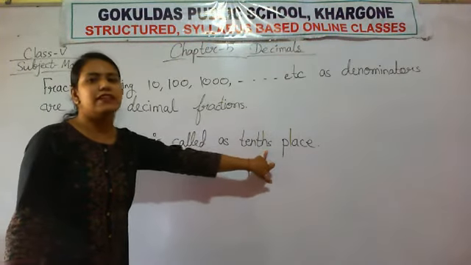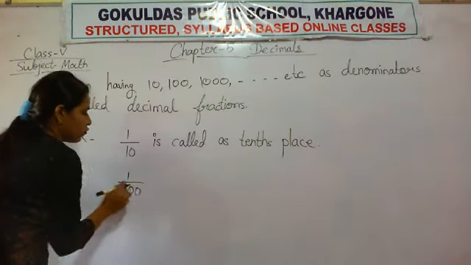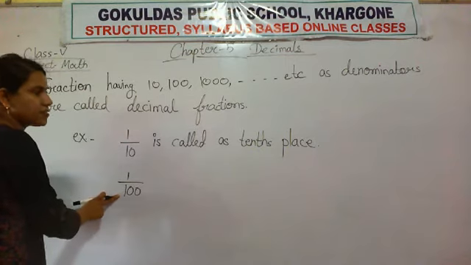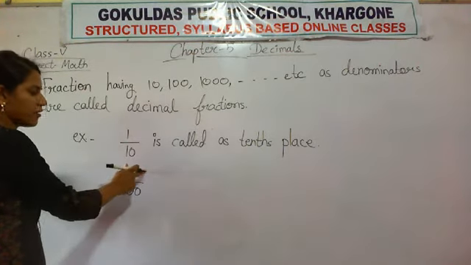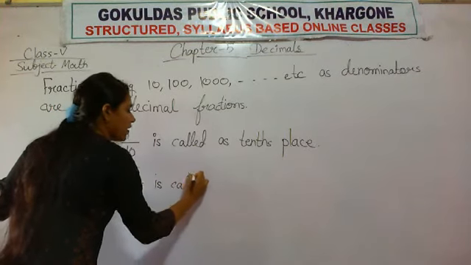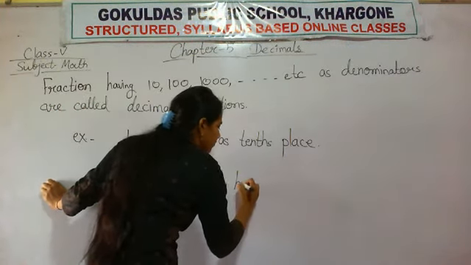Now 1 upon 100. Here 1 is the numerator, 100 is the denominator. 1 upon 100 is a fraction, and it is called hundredths.